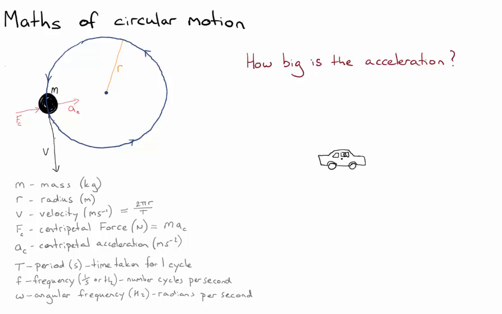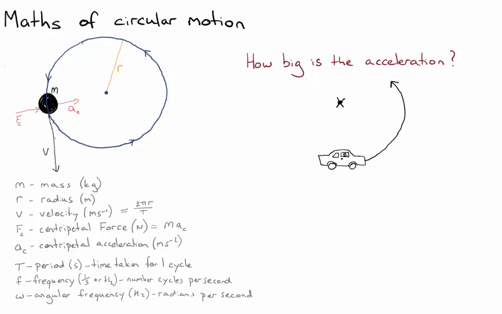And we're going to use as an example something you're pretty familiar with, a car going round in a circle. This is a warped perspective here, but it's just a car moving in a circle on the horizontal flat ground. Now, you know when you turn in a car and you feel like you're being pushed to the outside.